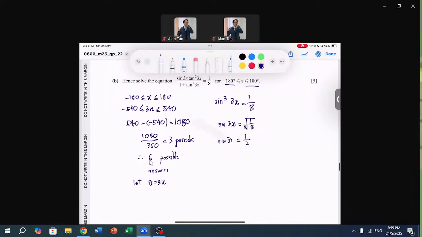Well, look what we have here. 1 over 2. This is a special angle, and I hope you remember your special angles. Sine inverse 1 over 2. Why? Because 1 over 2 means you're on this angle, meaning that you are essentially at 30 degrees.